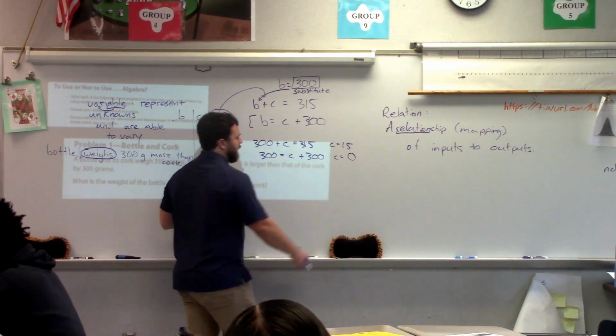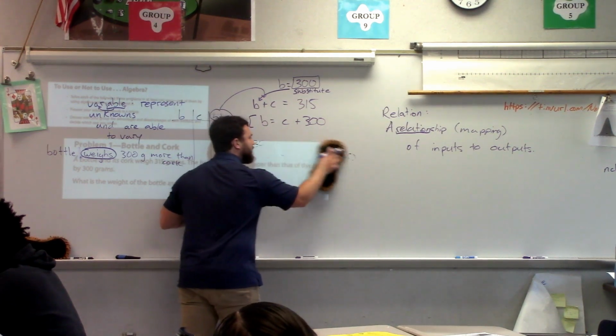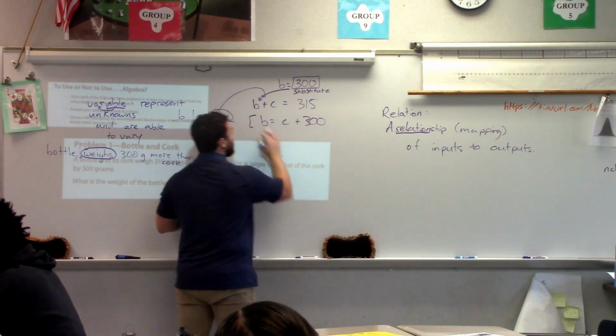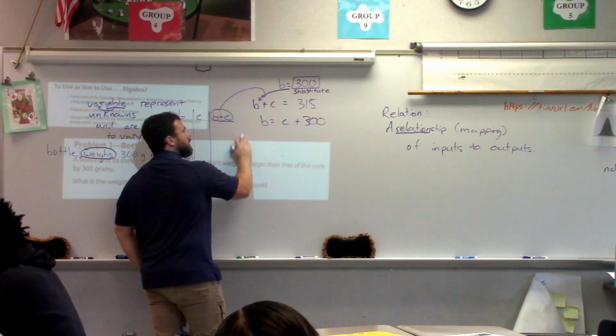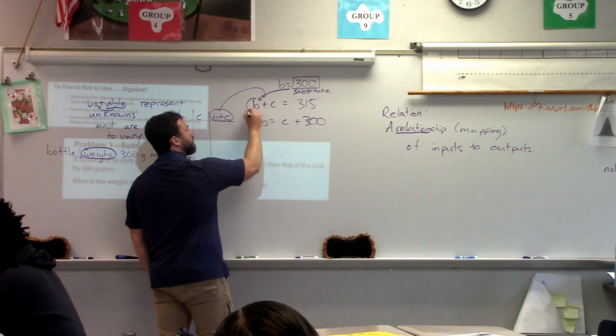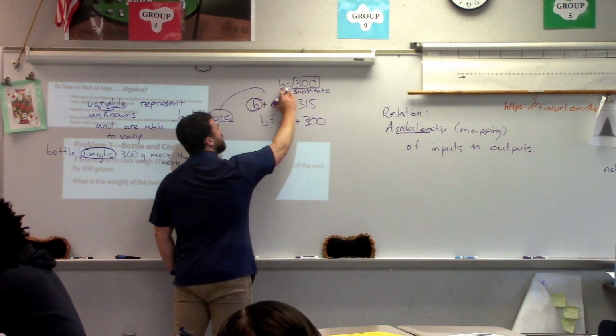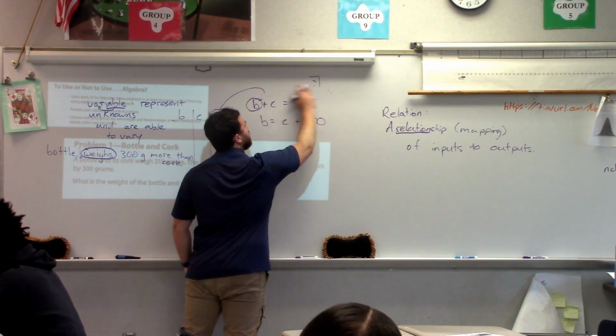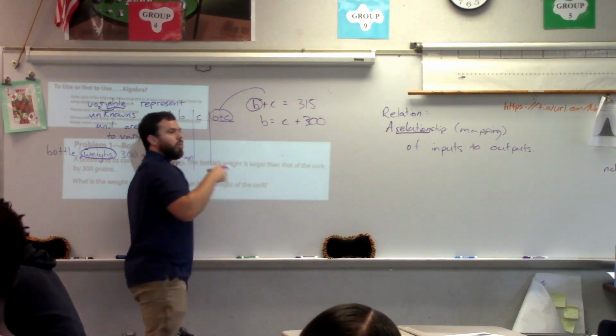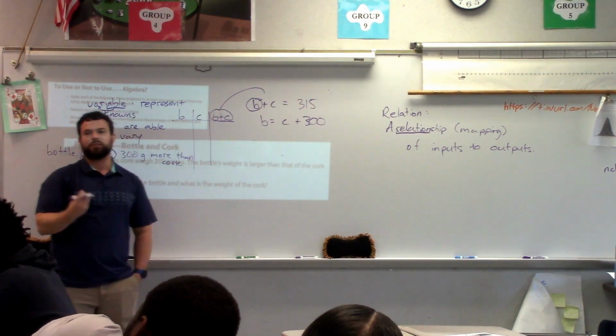You can substitute. Okay. Now, the reason why I bring this up is, what is the bottle equal to that I could substitute in right here? Just look up here. What is the bottle equal to that I could substitute in for it?